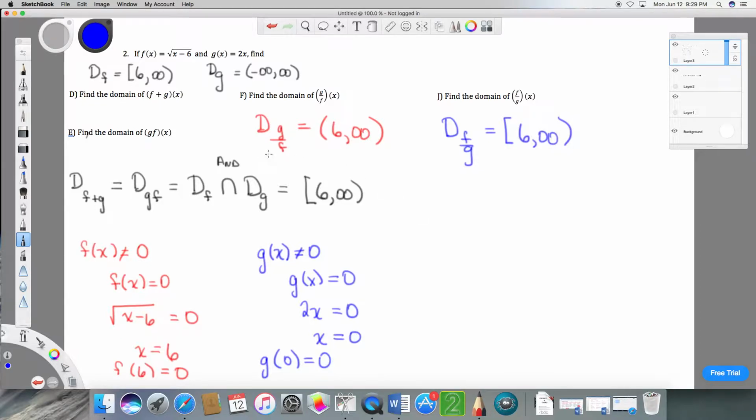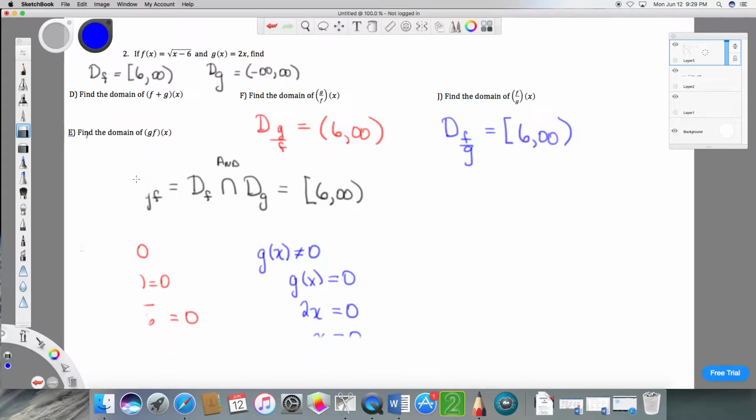All right, so I hope that helps with those. Let's erase this and move on. There's either 2 or 3 more to do. Do I need these answers? I don't believe so. I'm not going to erase the domain of f and the domain of g.